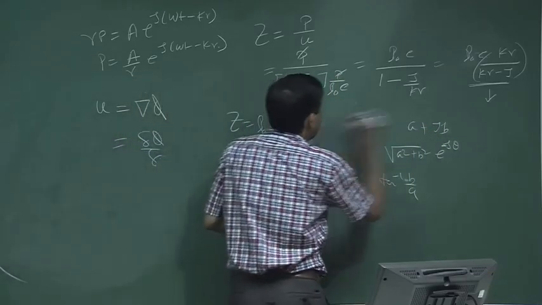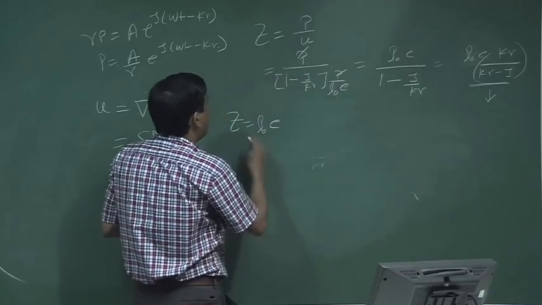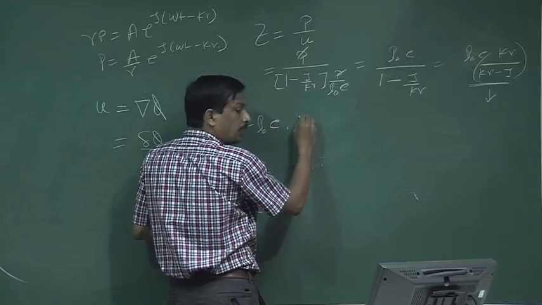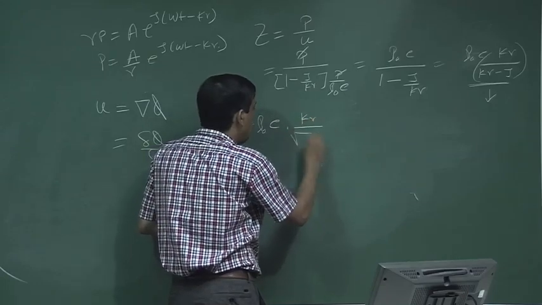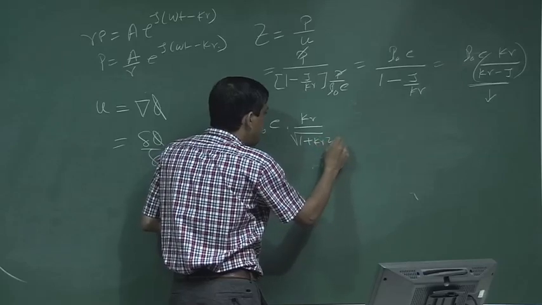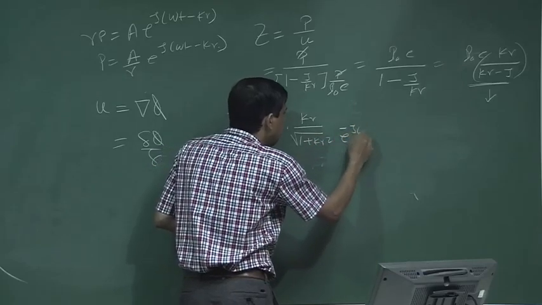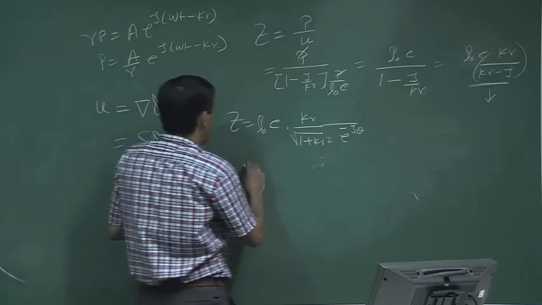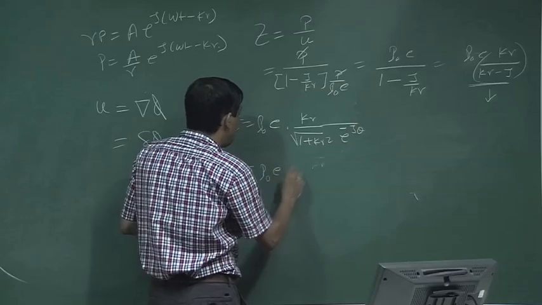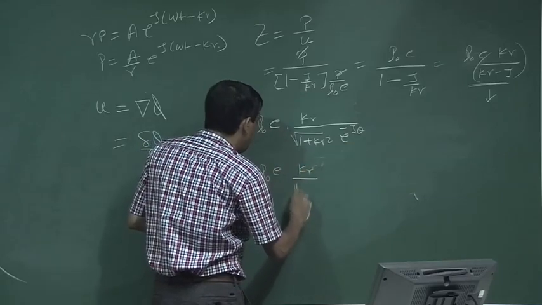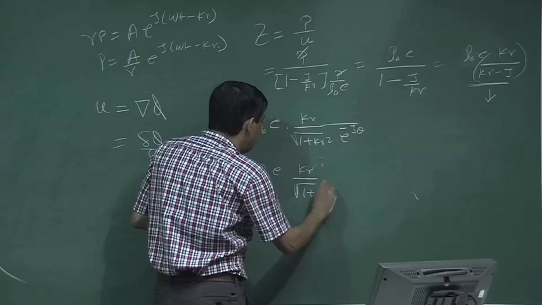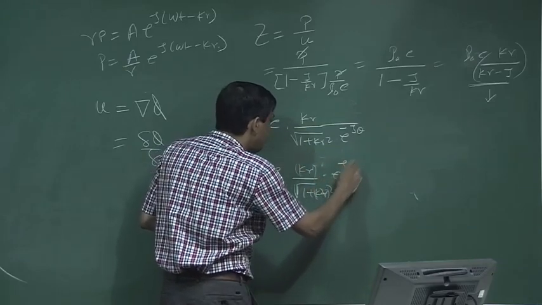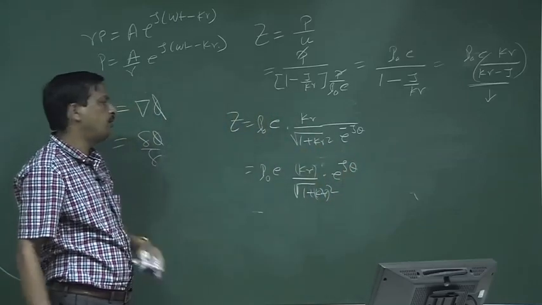So instead of 1 by kr into j, I can write rho 0 c into kr by root over 1 plus kr square into e to the power j theta; minus becomes plus when it goes up.